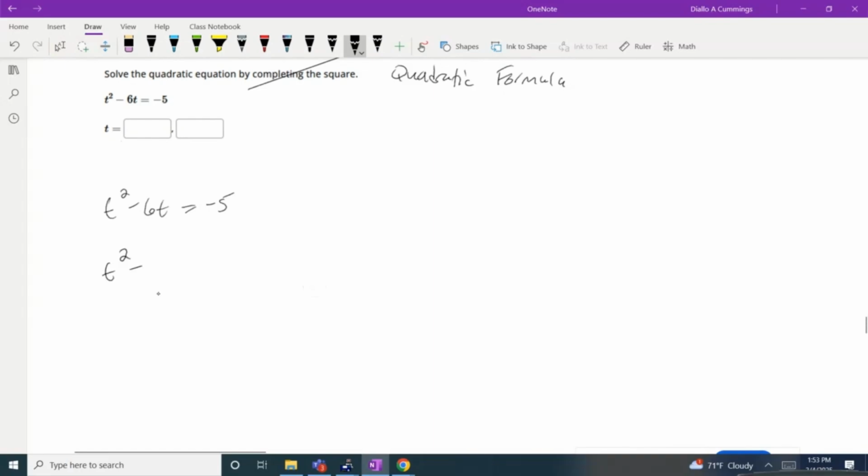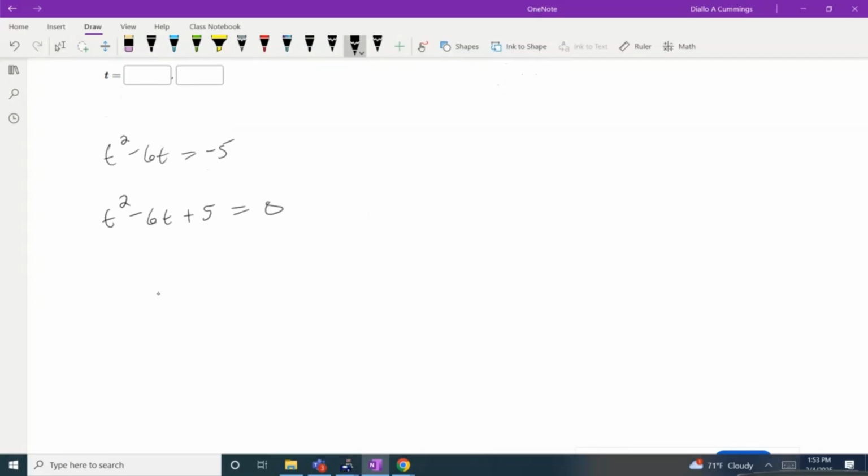So this gives us t squared minus 6t plus 5 is equal to 0. I believe you can factor this one, so I'll do it both ways. In order to factor, I'm going to make two sets of parentheses, set it equal to 0. I can put t in the front, right, because t times t is t squared.